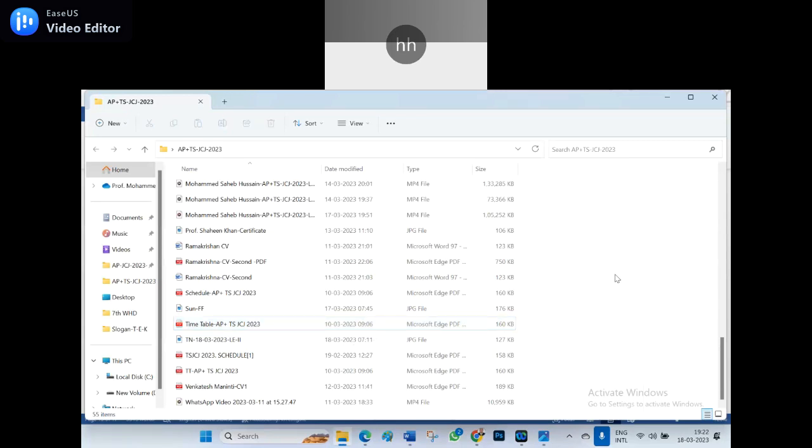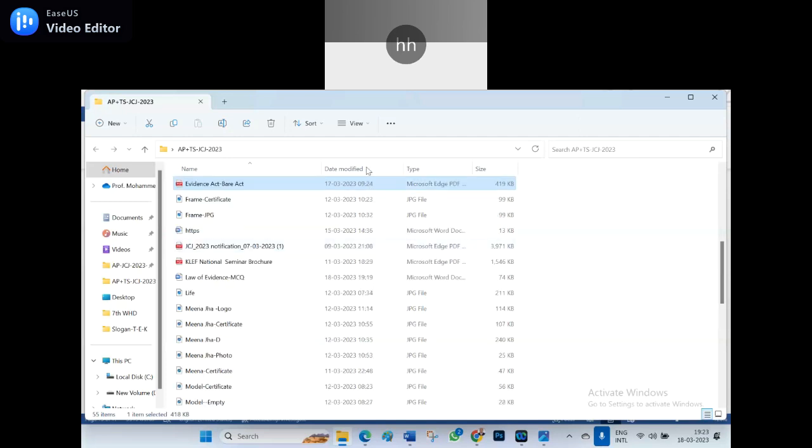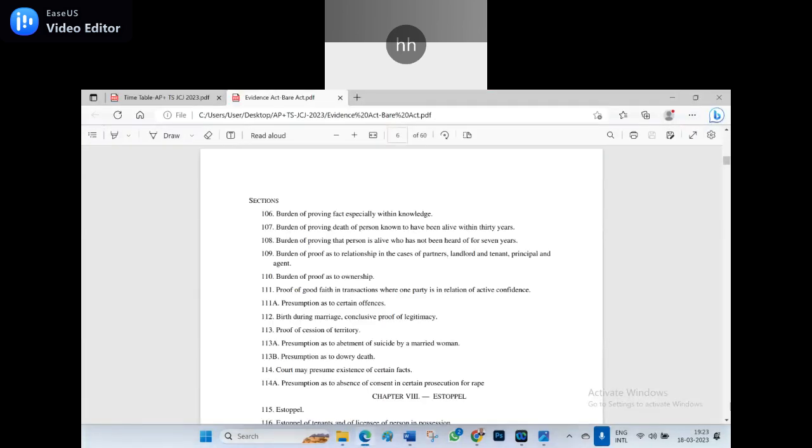Law of evidence, Indian Evidence Act. Again, if you want to see it, we are disputing about Sections 7 and 8, no?